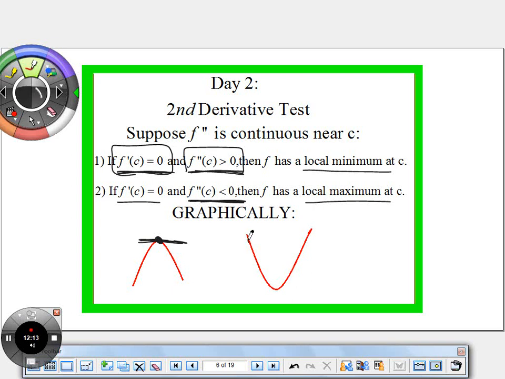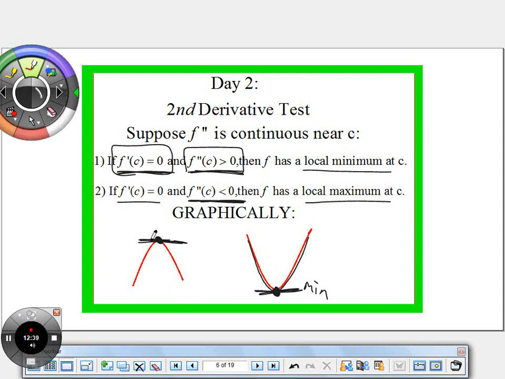Well, if it was a positive answer, then that means it's concave up, and that means at that particular spot you must have found the low spot. If it's concave up and that's where the first derivative equals 0, it makes sense that that has to be the minimum. Visually that would make sense that if the first derivative equals 0 and you know that you're concave up at that spot, then that has to be the low spot.